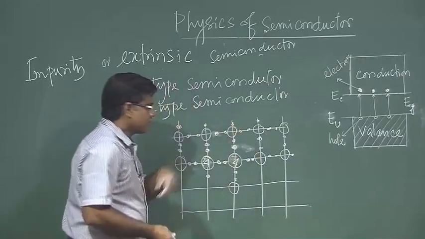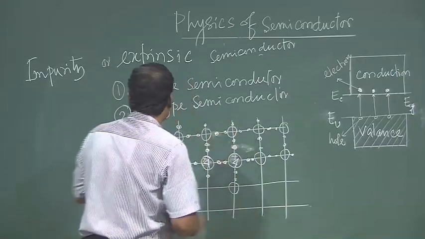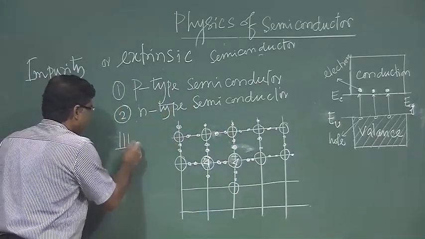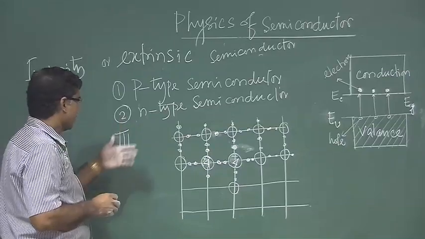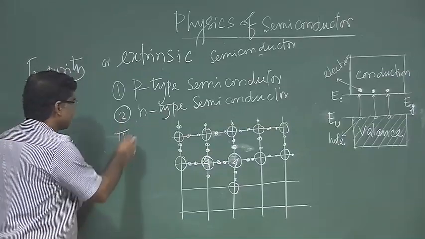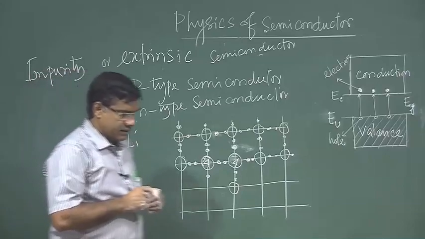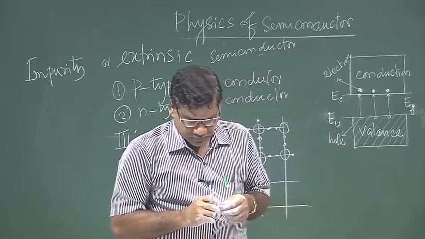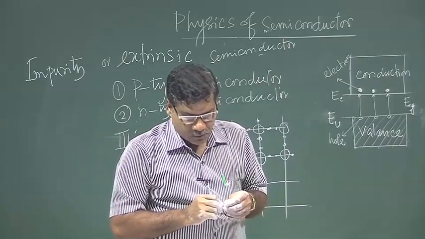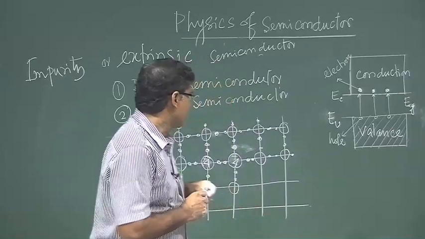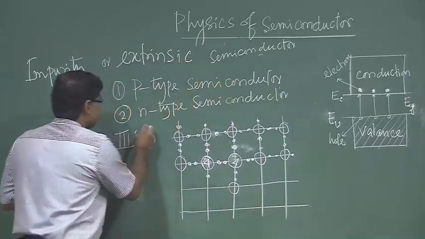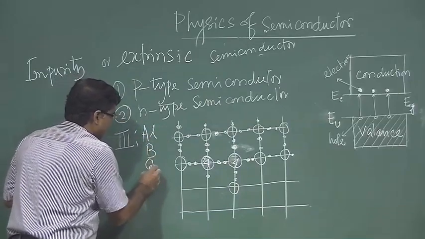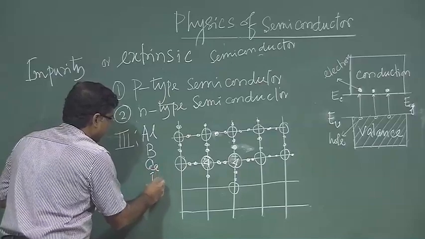So, now if you dope this silicon with some group 3 element. What are the group 3 elements? Aluminum is a group 3 element, and then boron, gallium, indium, right. So, aluminum, boron, gallium, indium are group 3 elements.